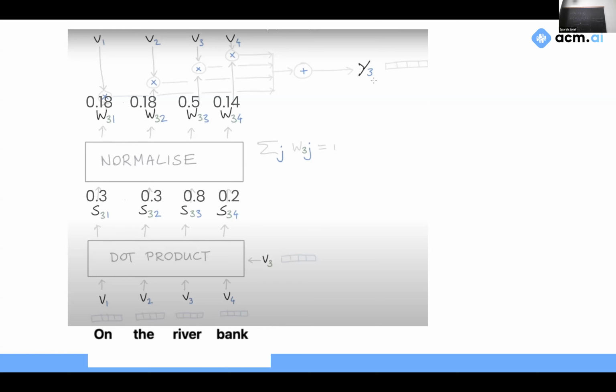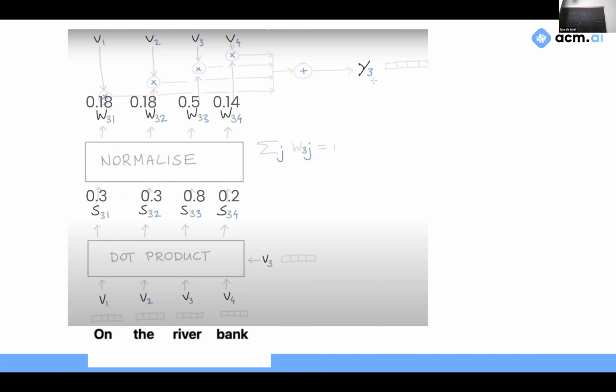It seems very basic here, to be honest. You have all these words and all the vectors, and to encode this word, all we're going to do is figure out how similar it is to all the other words, and then normalize that so this all sums to one, and then create a new vector.